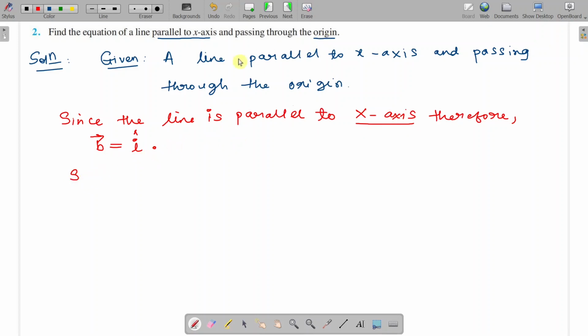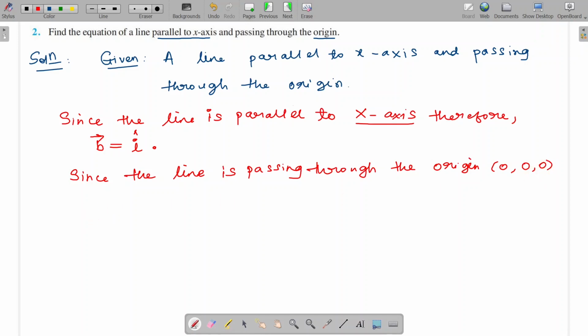Now second thing, let us take. Also, since the line is passing through the origin, right? So origin means this point 0, 0, 0. Okay, therefore we get vector A, right?